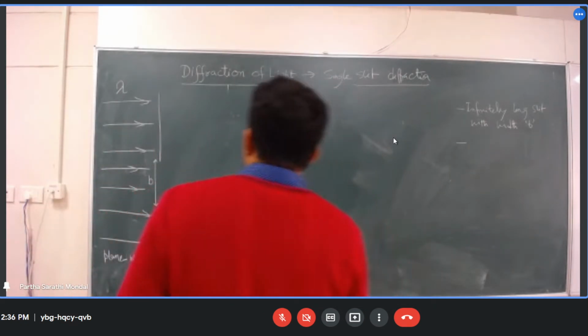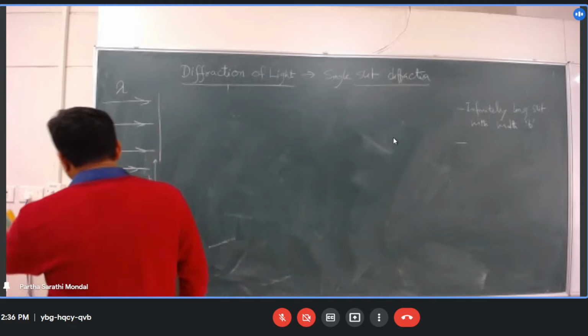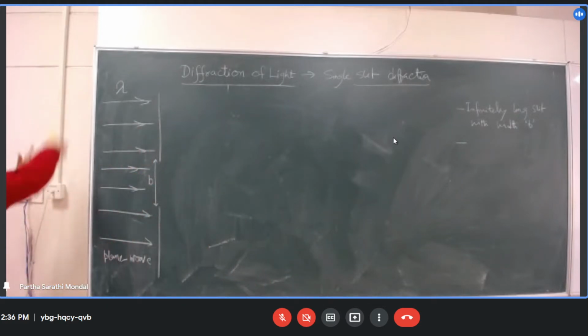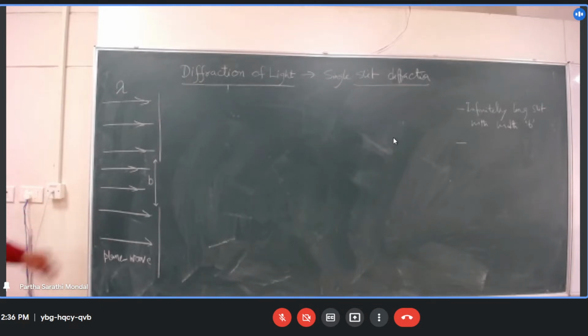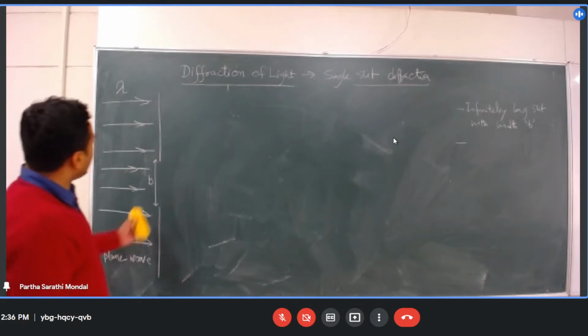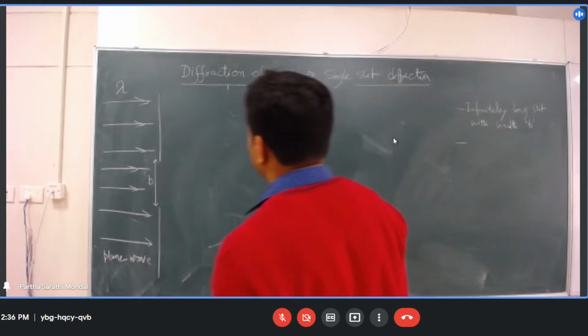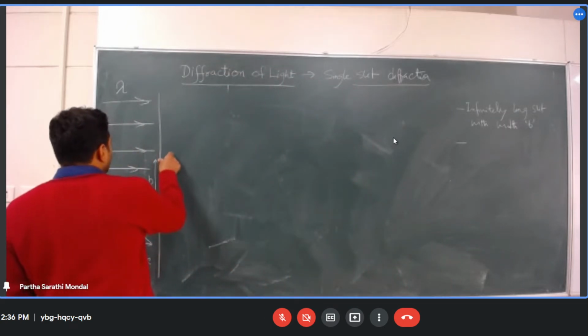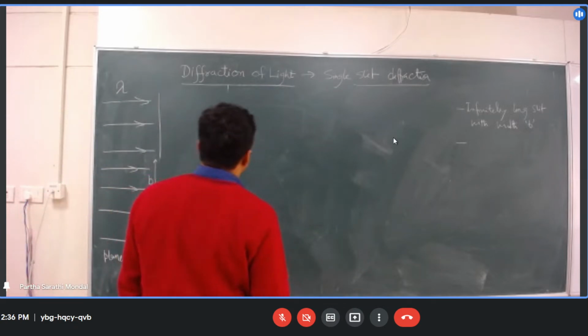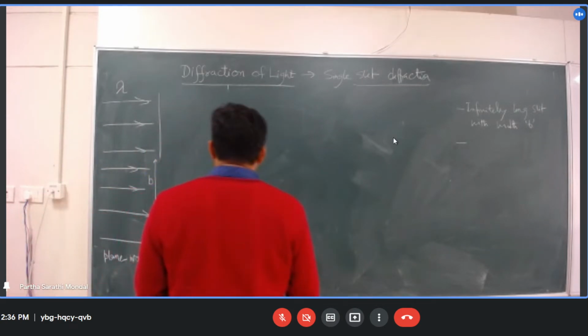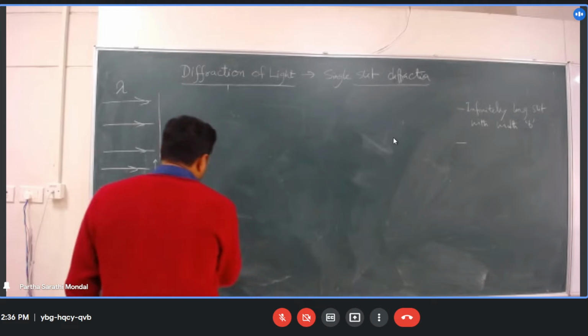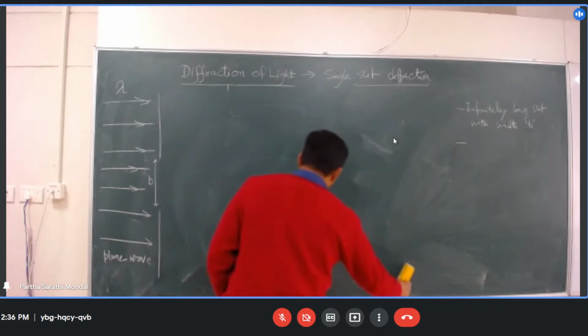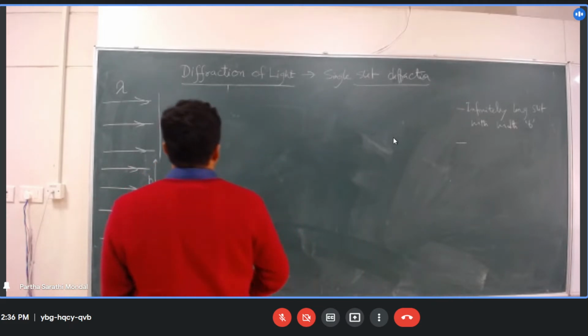And now, as I said, the source is somewhere, the lens is here and the source is somewhere here. That is how light is actually coming out from the slit. So we have to make the arrangement such that the slit to screen distance is also effectively infinite.